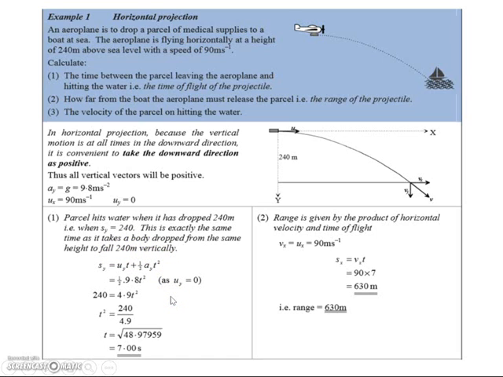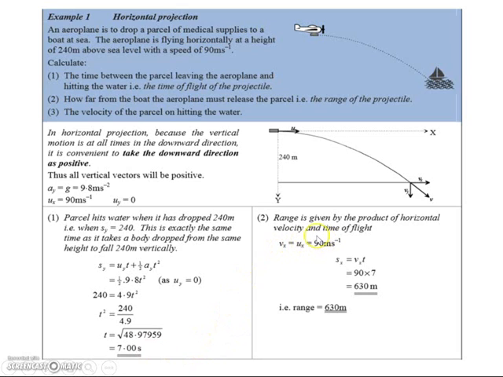So if we substitute this into our s equals ut plus half at squared equation, this whole component here, uy times t, is 0 because there was no initial component of u in the y direction. So it becomes half times 9.8 t squared. We can rearrange that and then transpose it, get t by itself and square root that answer, and it gives us a time of 7 seconds.